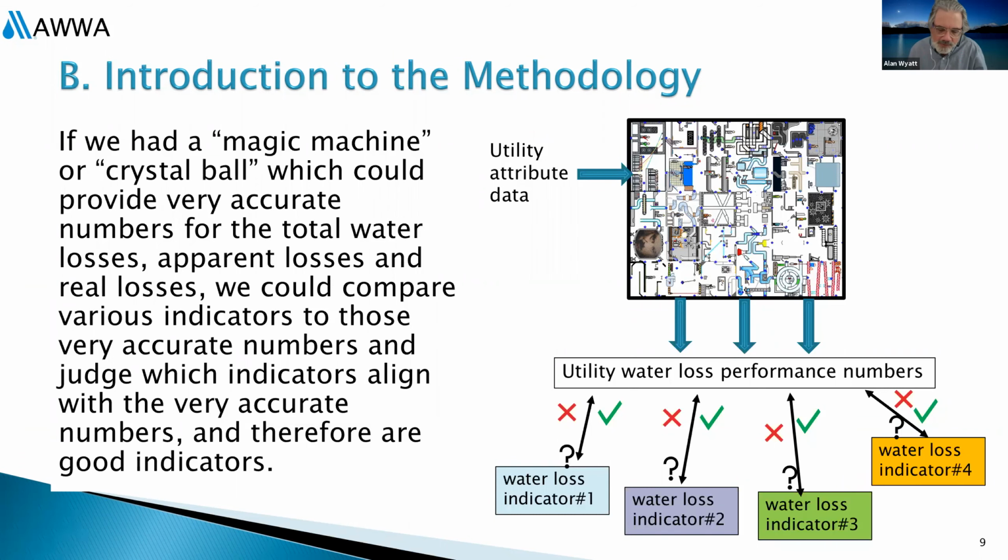So if we had such a magic box, we could compare what different indicators show and the extent to which they correlate or align with those perfect numbers.